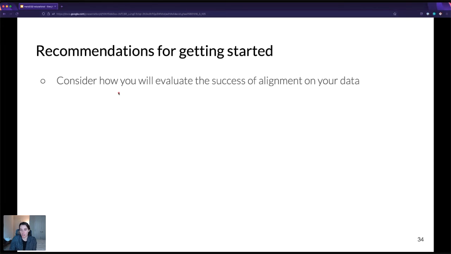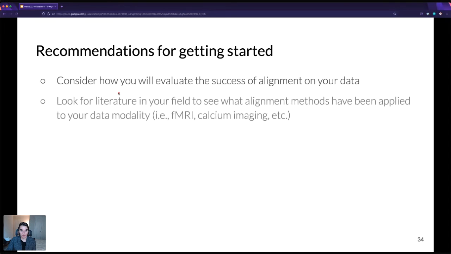And it's really hard to know if that's true. I think we're still in very early days of learning what kinds of alignment are best for particular data types and for particular questions. So for now, I would really encourage you to consider the framework by which you will evaluate the success of alignment before you start applying it to your data.